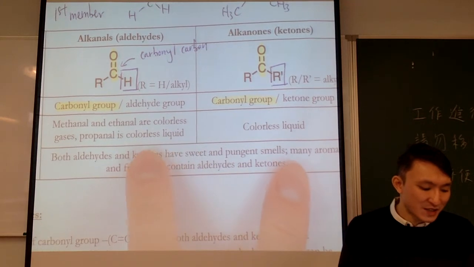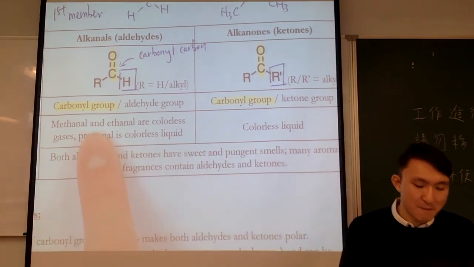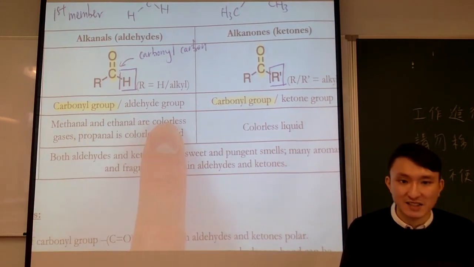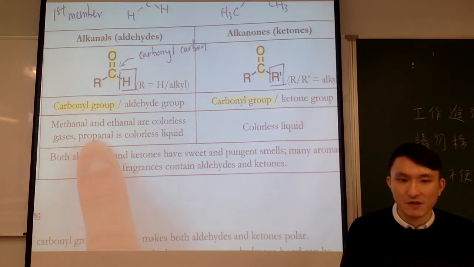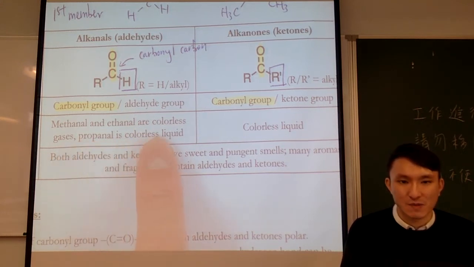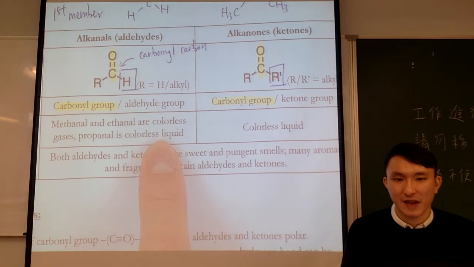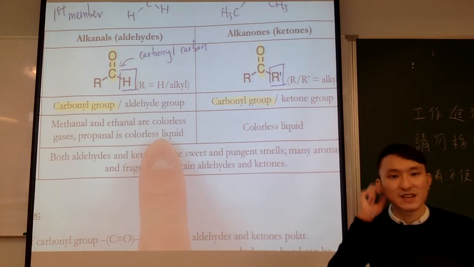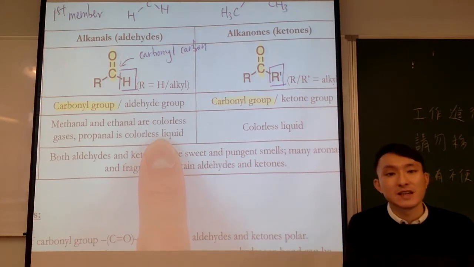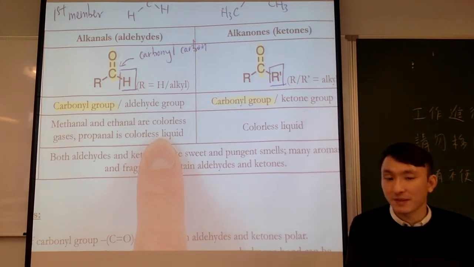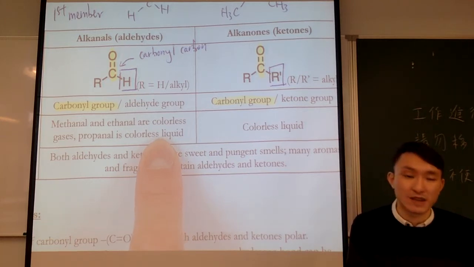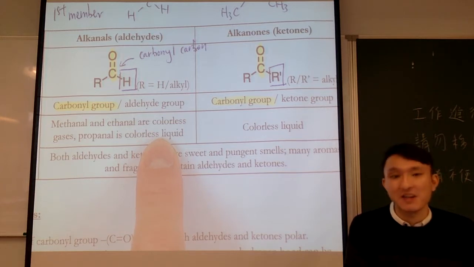As for their physical properties, methanal and ethanal are colorless gases, and starting from propanal, it will be a colorless liquid. Their boiling point is lower than alcohol, because alcohol with the hydroxyl group can form hydrogen bonds, but here it cannot.